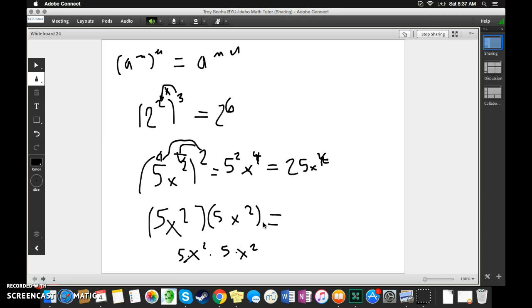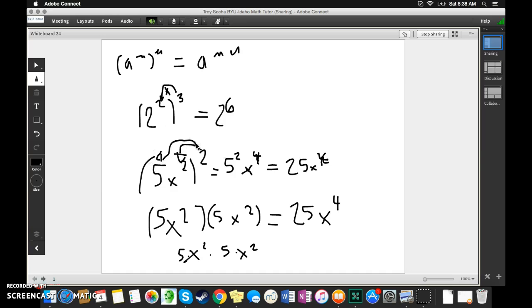So we have two 5s. That's 5 squared, 25. Two x squareds, we can add those because of our other rule. So that's x to the 4. So we see that this rule distributes to each term.